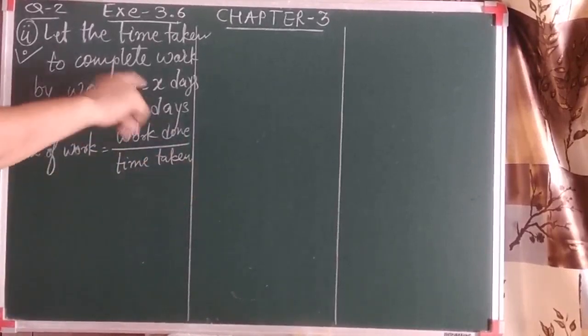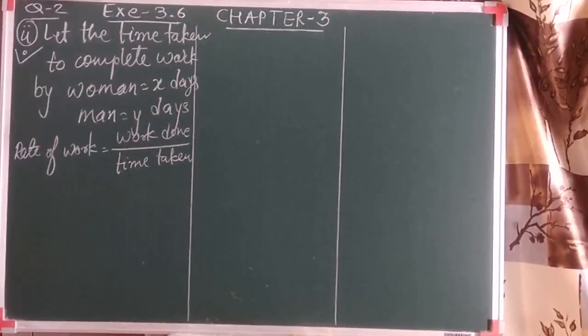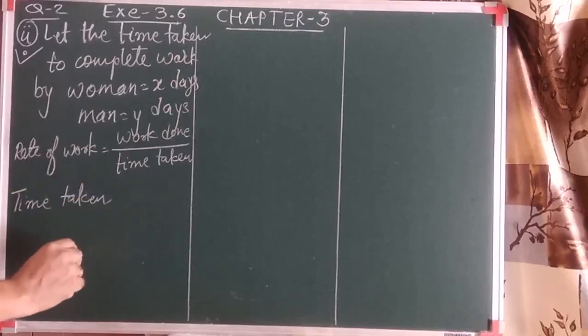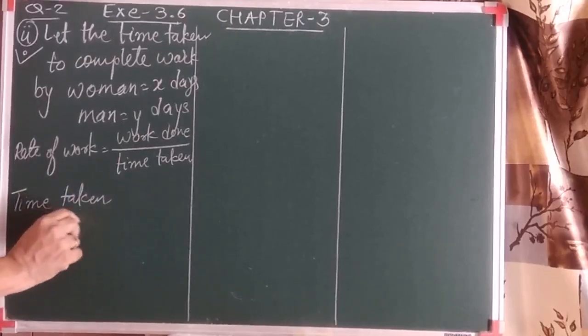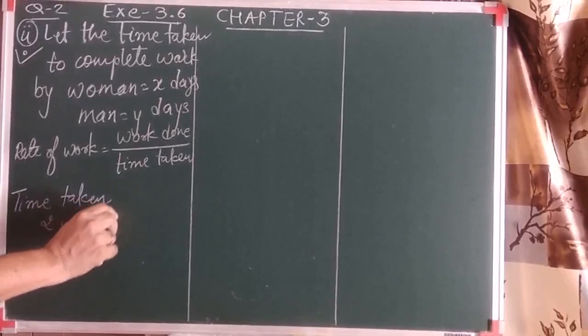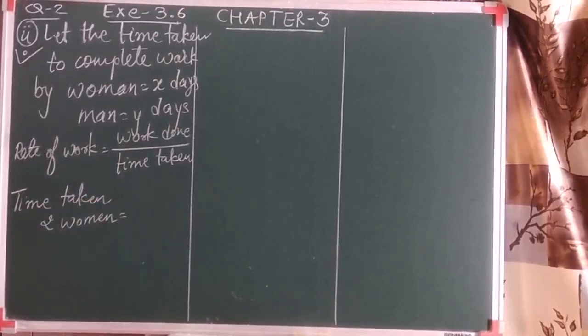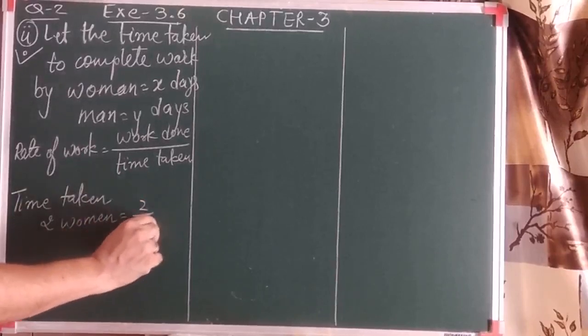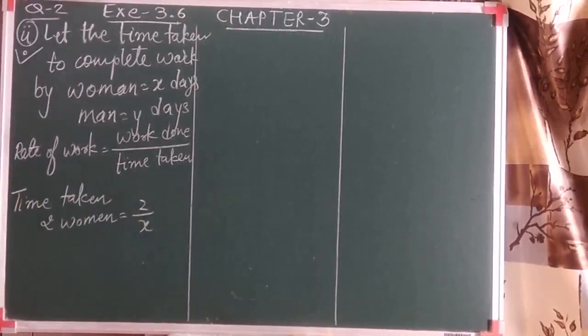For one lady it is x days, so rate of work. So now the time taken to complete the work by 2 women, it won't be 2x. Remember, 2x नहीं होगा. It must be 2 upon x. ये कैसे है ये समझ लो, ये सबसे important है.